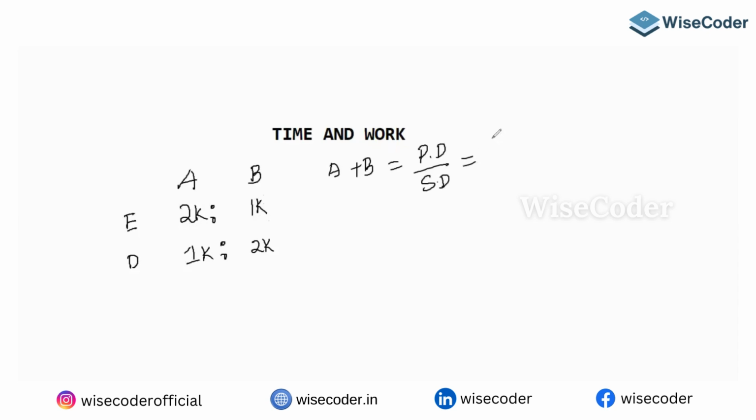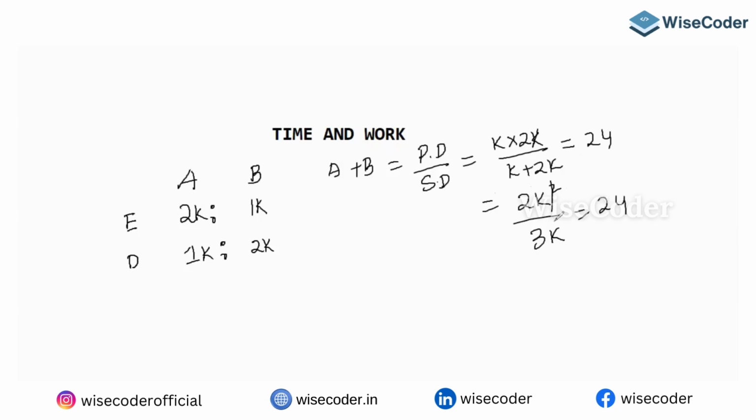So K into 2K by K plus 2K equals 24 days, no? So you can write this as 2K square by 3K, which equals 24.